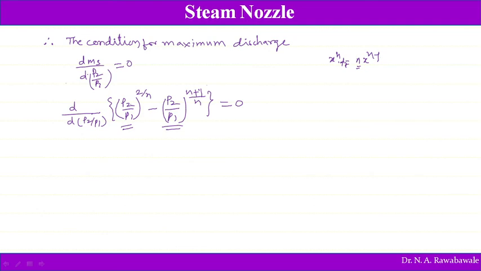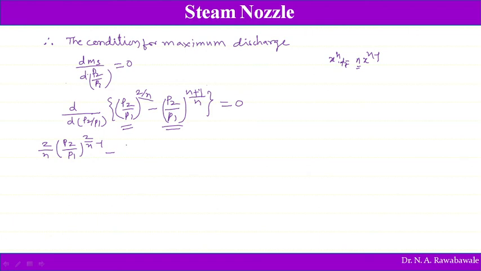Similarly, here the power is 2 divided by n, which we take into the multiplication: 2 divided by n, with p2 divided by p1 in place of x, (p2 divided by p1) to the power of 2 divided by n minus 1, minus the differentiation of the second term.